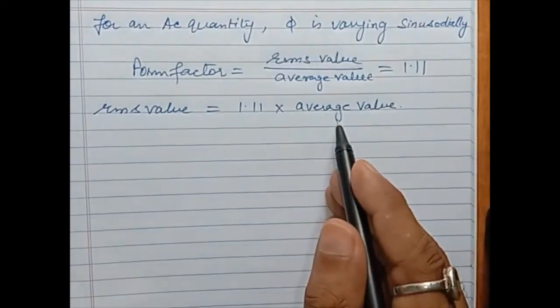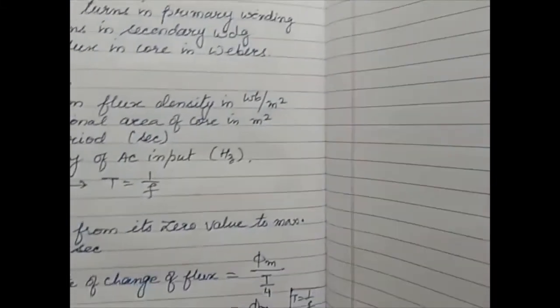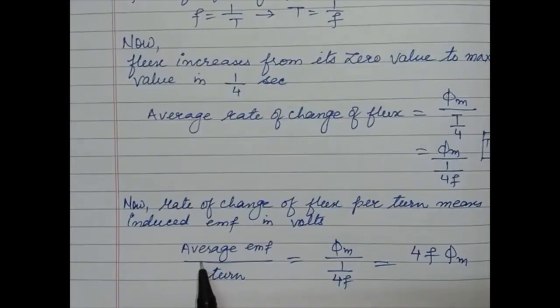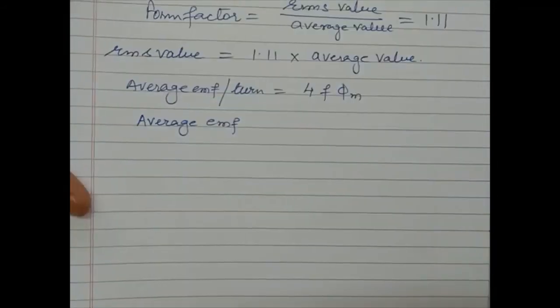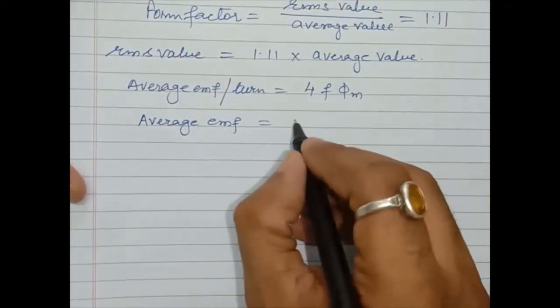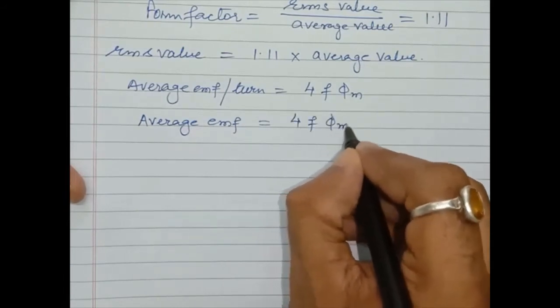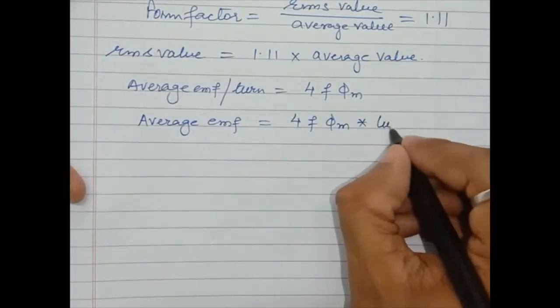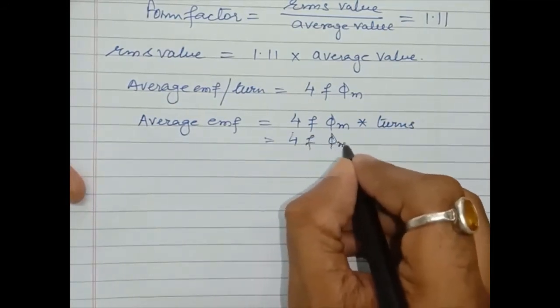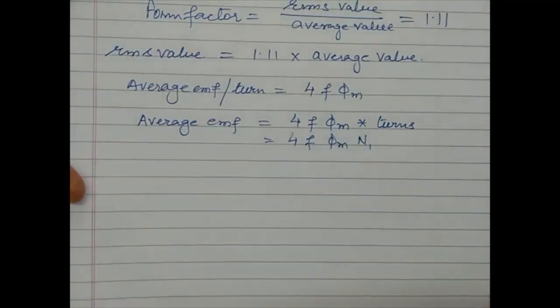And for the average value, we have just derived an equation: average EMF per turn is equal to 4f phi m. Therefore average EMF is equal to 4f phi m into turns, which could be written as 4f phi m n1 if we are considering the primary side.